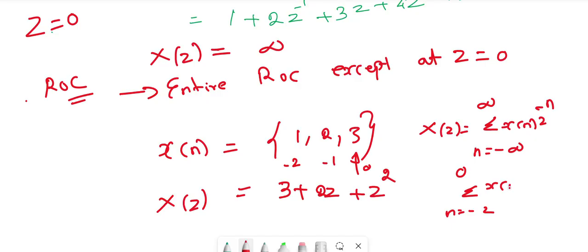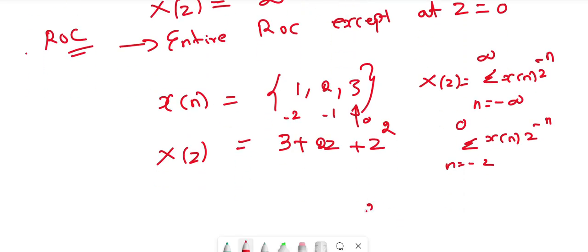Expanding, x[-2] z^2 plus x[-1] z plus x[0] z^0, anything power 0 is 1.